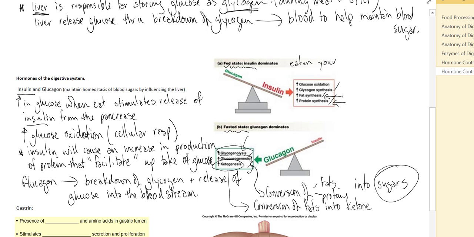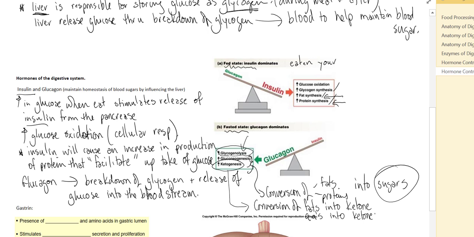Or also there's certain amino acids that are referred to as ketogenic amino acids. So these amino acids can be converted into ketones.